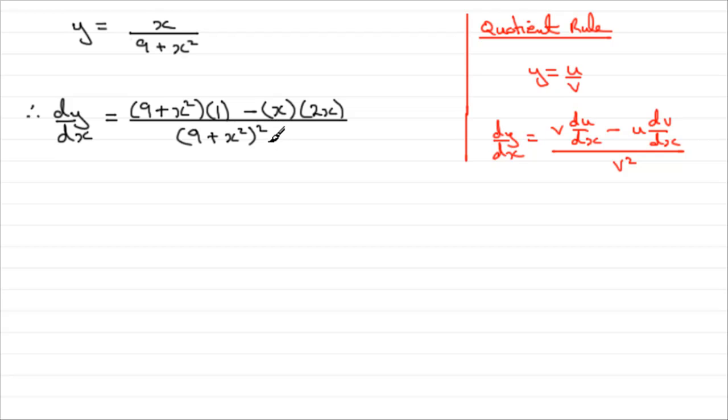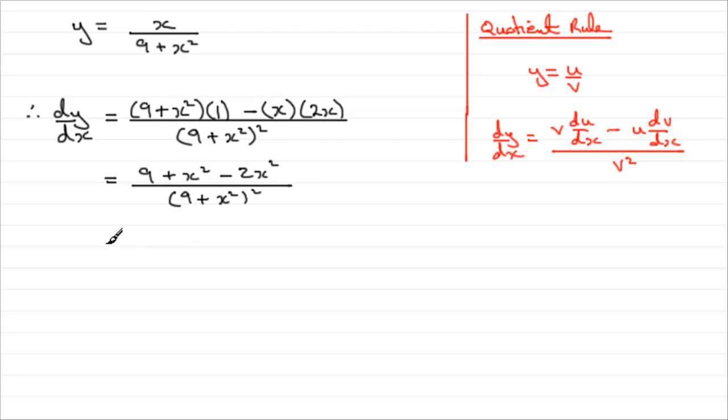All that we need to do now is just tidy up the top. So we've got 1 times everything in here, so that's just going to be 9 plus x squared. And then we've got minus x times 2x, which is minus 2x squared. And that is all over that denominator of 9 plus x squared all squared.